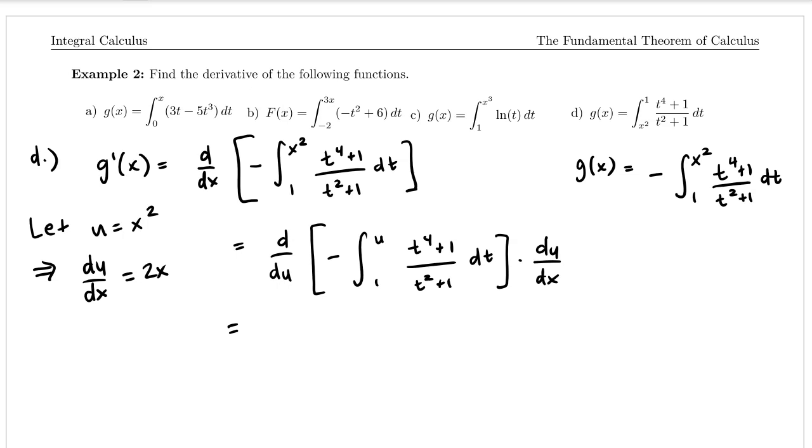So now in this first part here, I can use the fundamental theorem of calculus part 1. So that's going to give me negative. And then everywhere I see a t, I'm going to replace it with u.